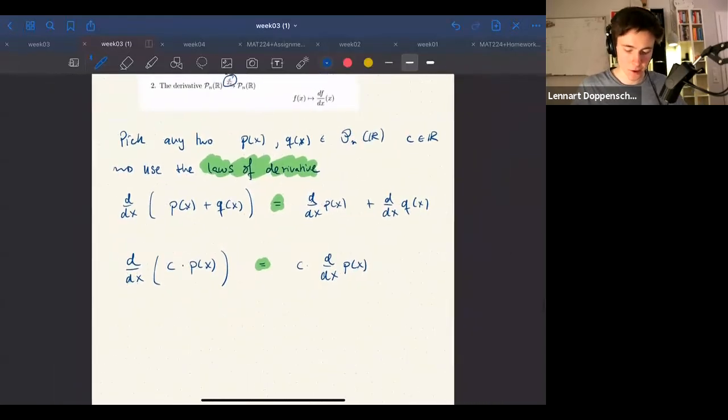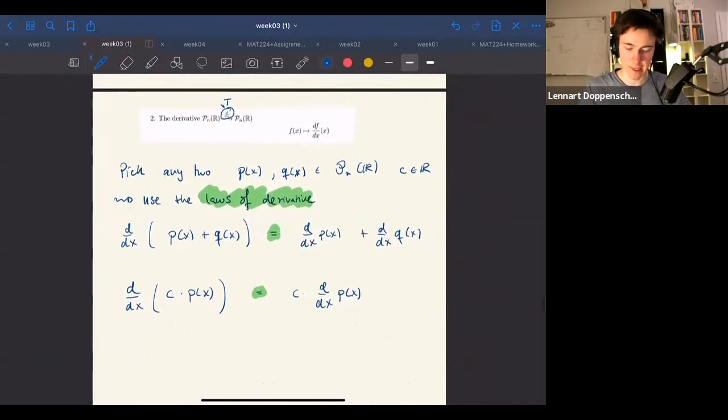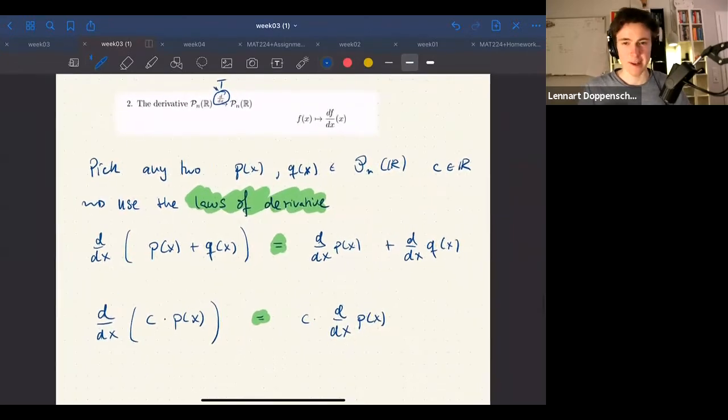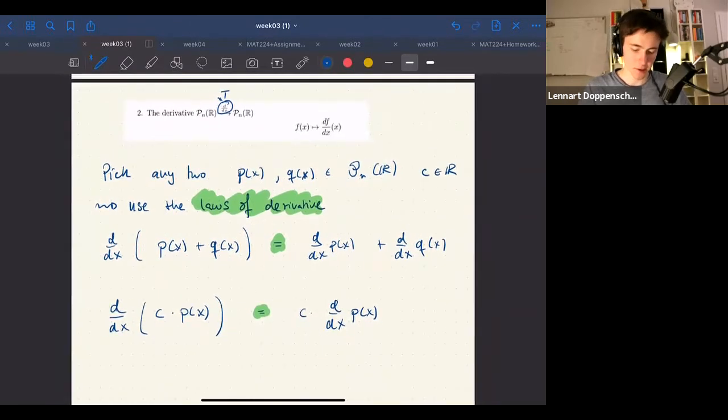Your middle school or high school teacher didn't tell you that the derivative is linear, but this is essentially what they were saying. So we're just reviewing things that you already know with another language. Maybe the first time you see it, it might be confusing, and that's okay.